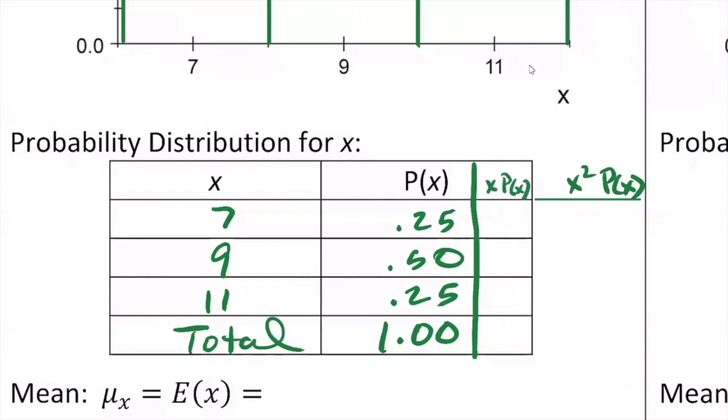Okay, so 7 times 0.25 is 1.75. And 9 times 0.5, I think, is 4.5. And 11 times 0.25, that's 2.75. And when you add those up, you get the mean. So let's do that.